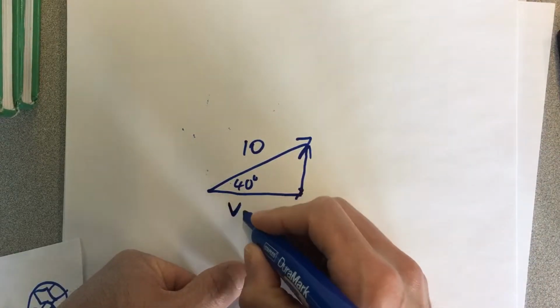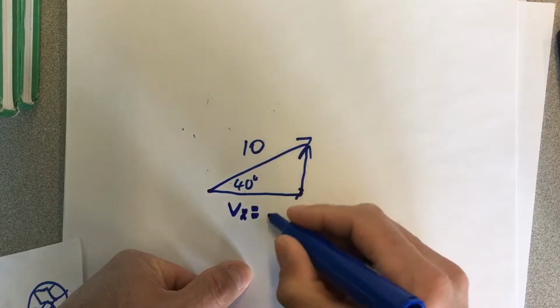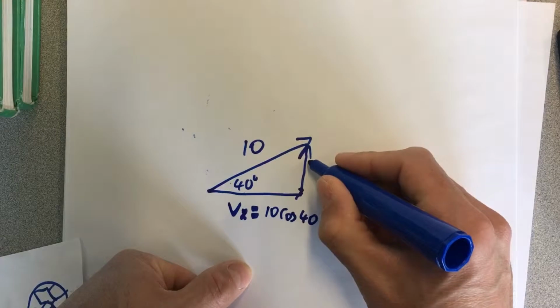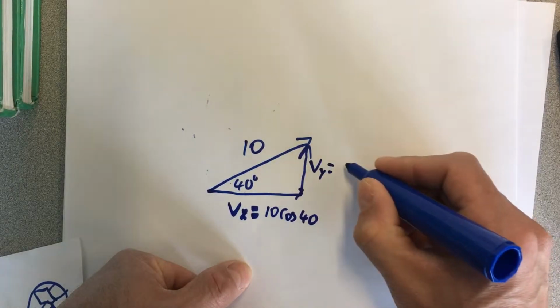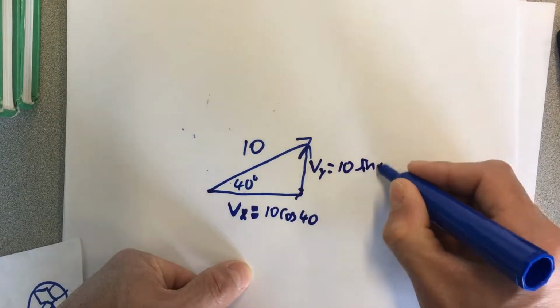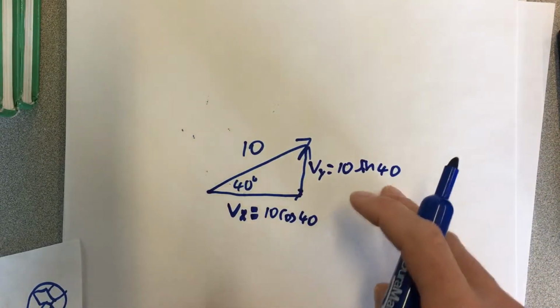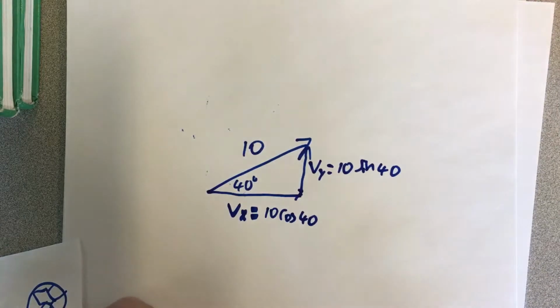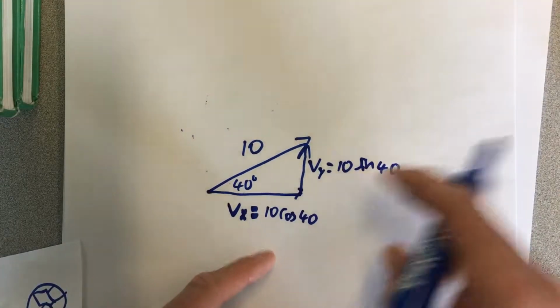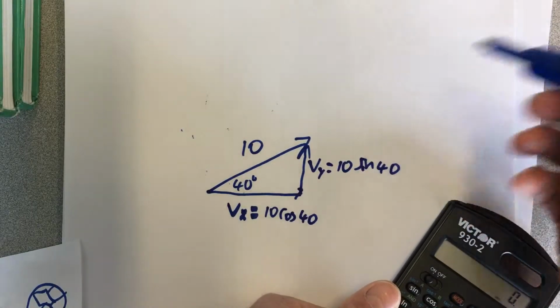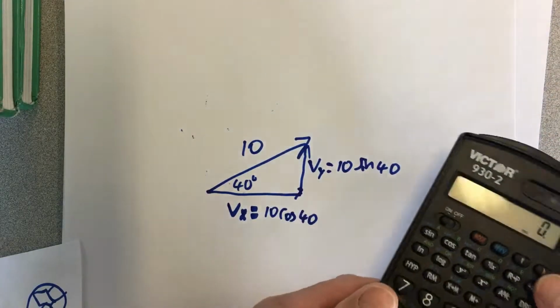So that's my x component of my velocity is 10 cos 40, and my y component of my velocity is going to be 10 sine 40. X is this cosine and y is that sine. You can review the video labeled SOHCAHTOA for clarity on there, but by the time you're doing these, you should be able to go straight to this. If you need to write the entire thing out, then I suggest you practice several of them and become competent with it.